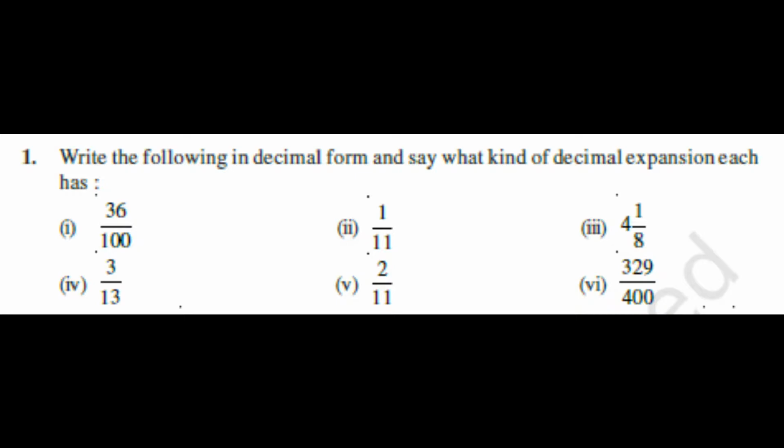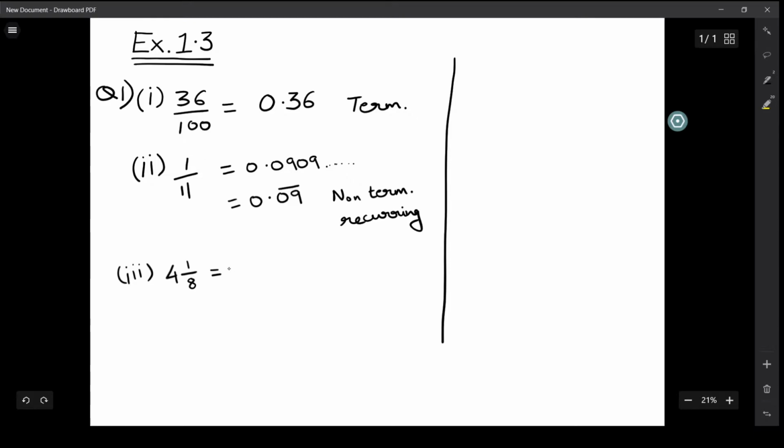Third part is 4 and 1 by 8. If we convert this into a regular fraction from a mixed fraction, we get the number 33 by 8. And if we divide 33 by the number 8, this is what we get.